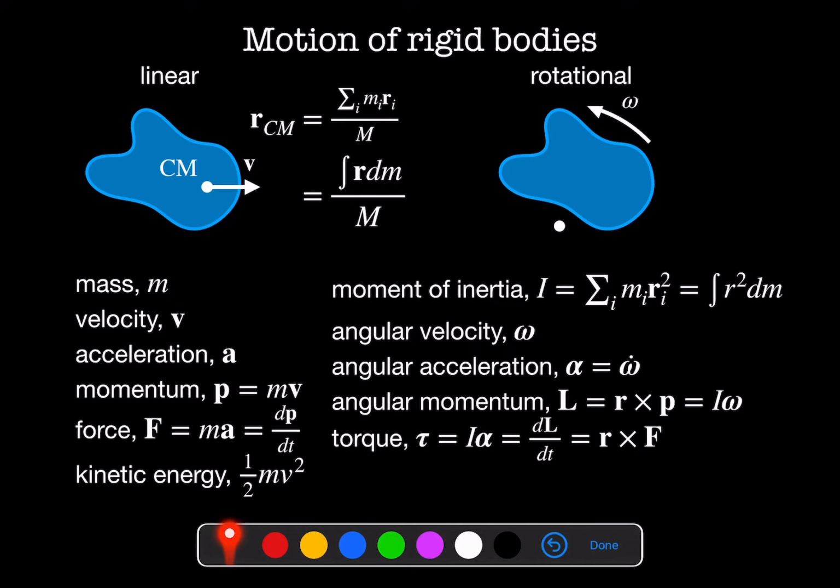Like force, it is equal to the moment of inertia times the angular acceleration, or equivalently, the rate of change of angular momentum gives us torque, or we could use r crossed F as our torque. And for rotational motion, we also have a kinetic energy, and this kinetic energy is given by 1/2 I omega squared.